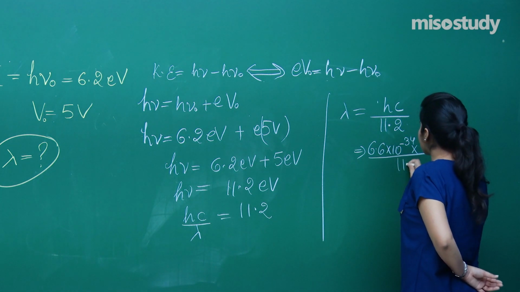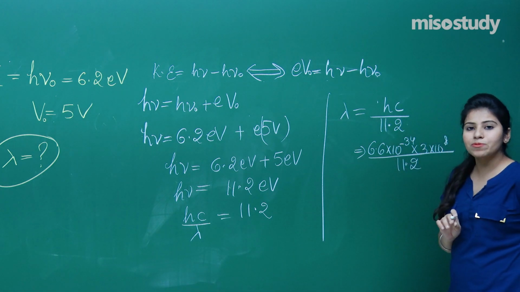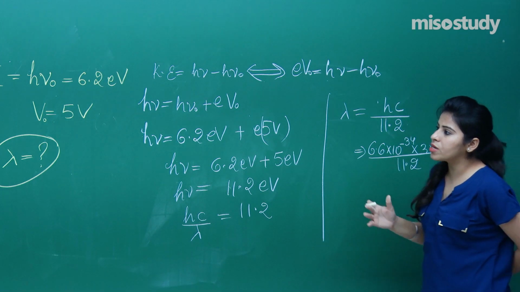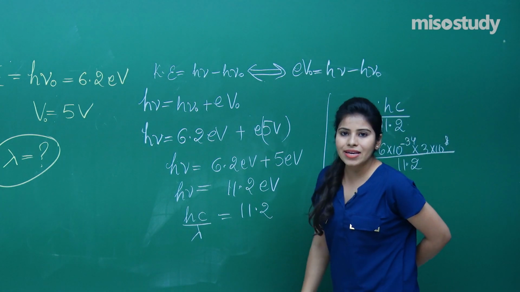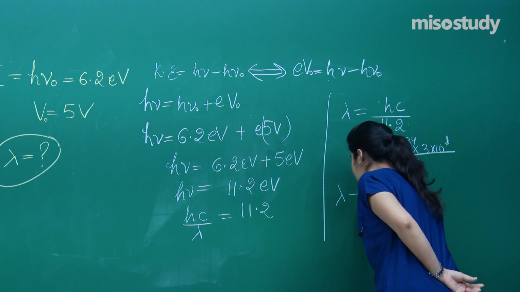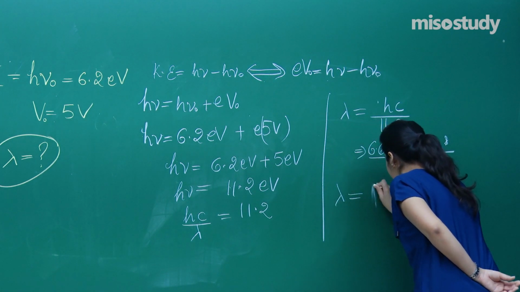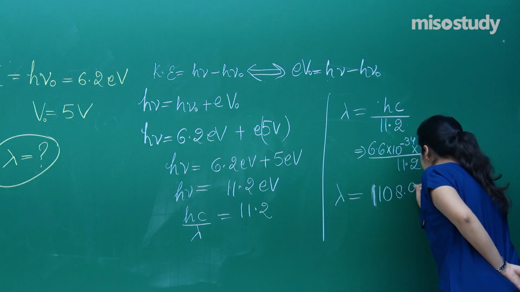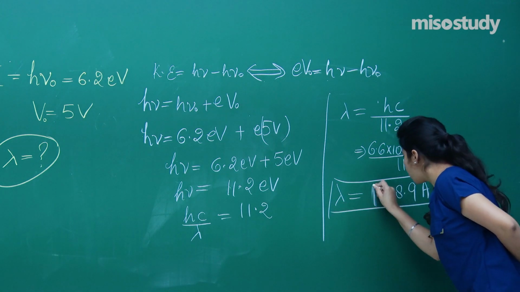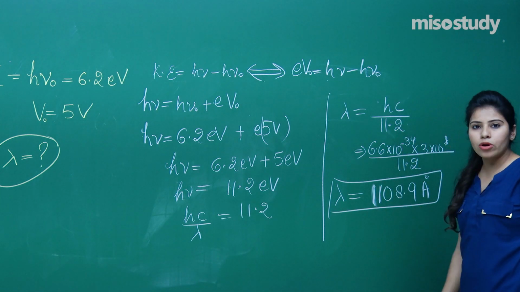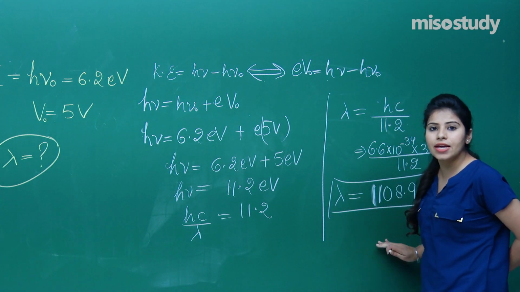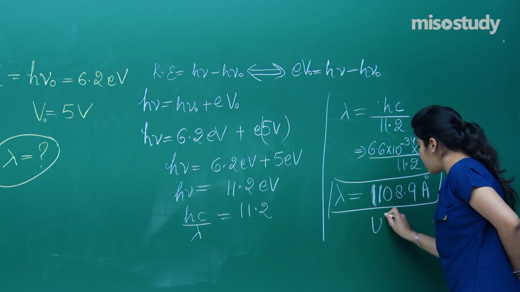Let me see in the question whether the value of hc has been given or not. No, I cannot see any such term here. So if you solve it, you will see that this wavelength has come out to be in this range, 1108.9, and you can see that this range lies in the UV region.